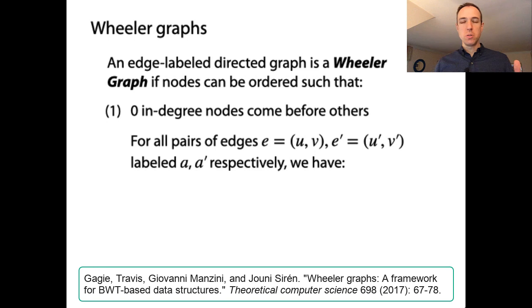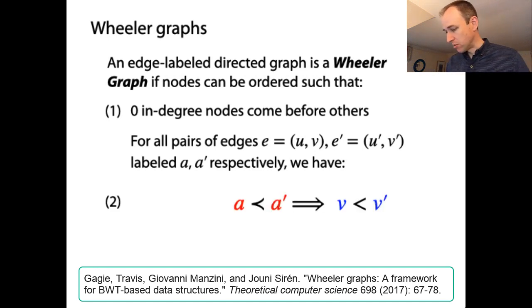Now for Rules 2 and 3, we're going to make a statement about a relationship that exists for any pair of edges in the graph. We have Rule 2 and Rule 3, and both of them pertain to all pairs of edges in the graph.